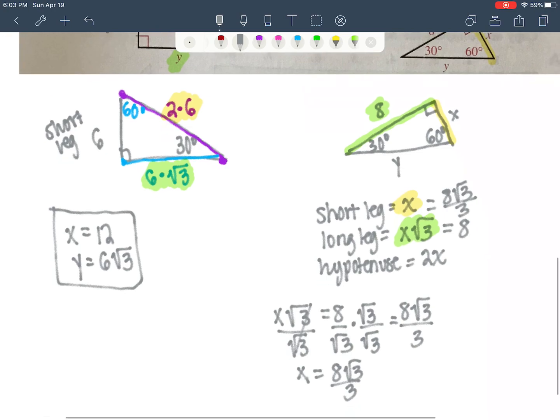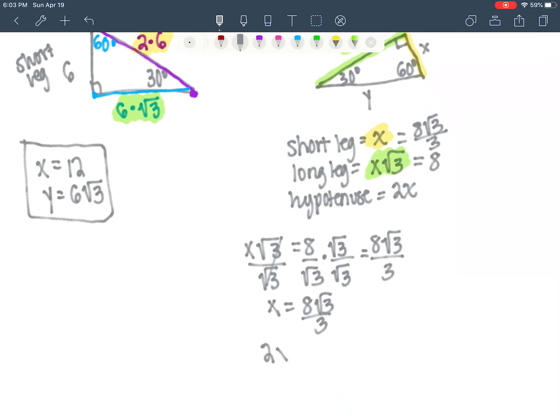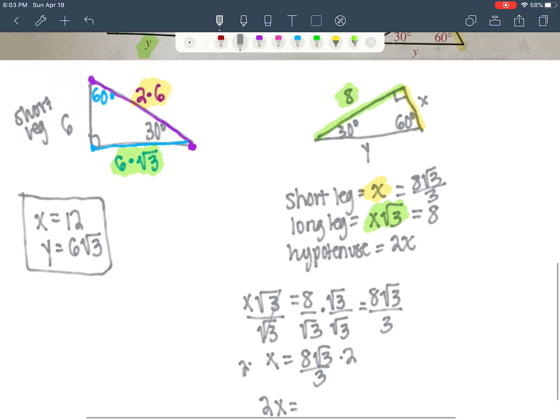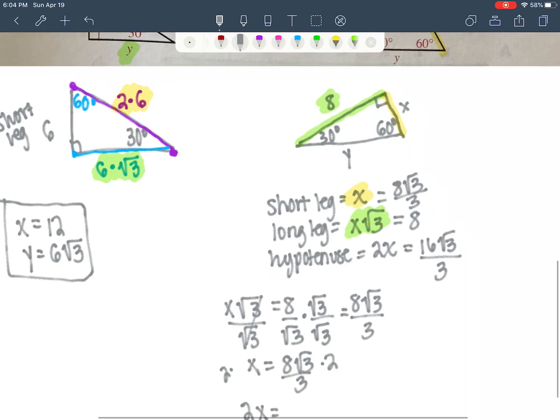Now I can figure out what 2x is going to be: two of those, right? You multiply by 2, and we get 16 times the square root of 3 over 3. So the hypotenuse is y, but it's also equal to 2 times the short leg.